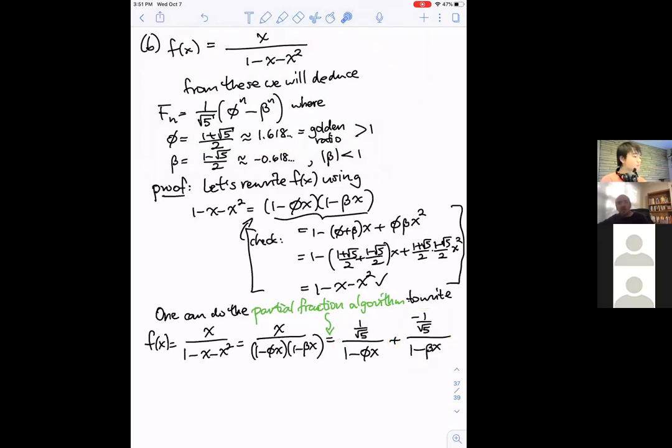This thing looks exactly like a geometric series. I know how to extract the coefficient of x to the n. So I'm just going to rewrite them like geometric series. I get 1 over square root of 5 times the sum, n goes from 0 to infinity, of phi to the n, x to the n. Sorry, I'm missing an x to the n, excuse me.